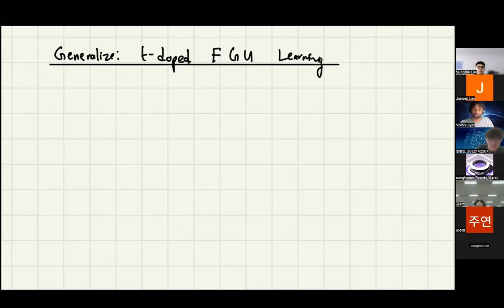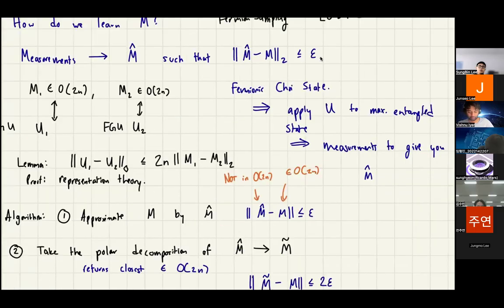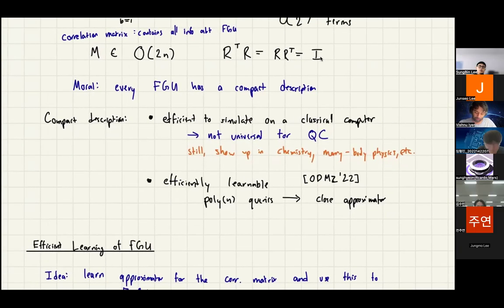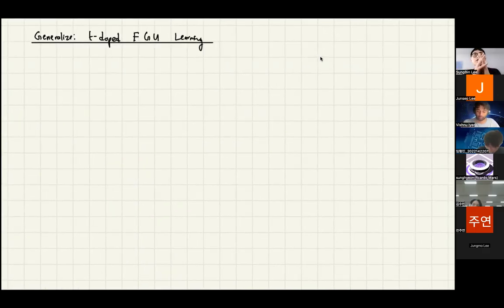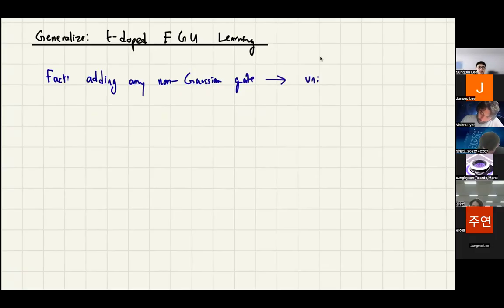So recall from before, fermionic Gaussian unitaries are not universal for quantum computation. However, a nice fact: adding any non-Gaussian gate gives you universality.